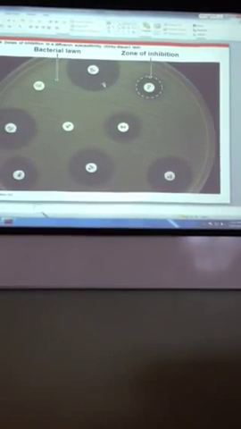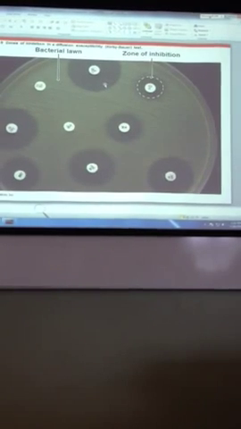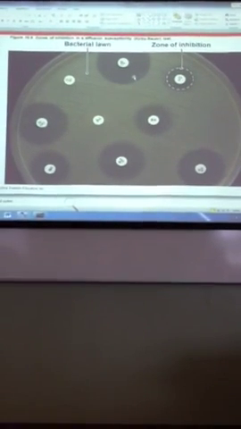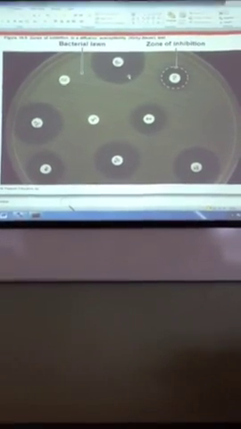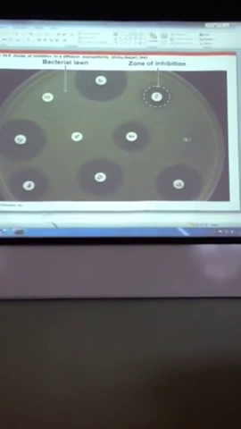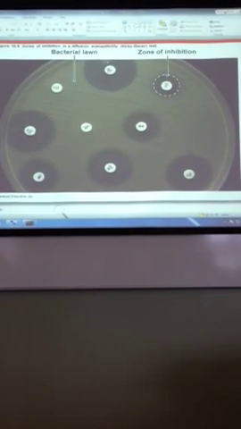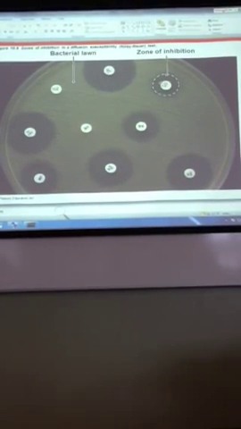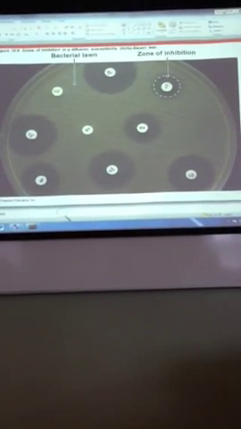In general, a larger zone of inhibition would reflect higher sensitivity of the bacteria to that particular antibiotic. So if this is a pure culture of E. coli, they are probably more sensitive to this antibiotic than they are to that one. That's not enough to pick an antibiotic.